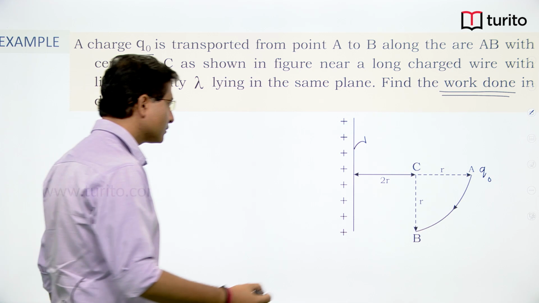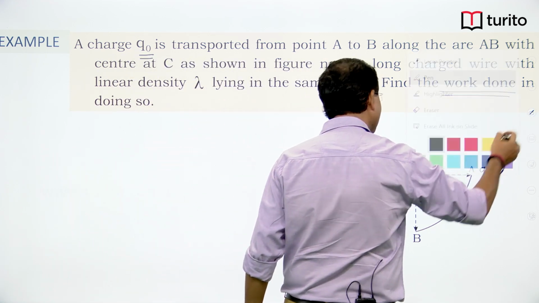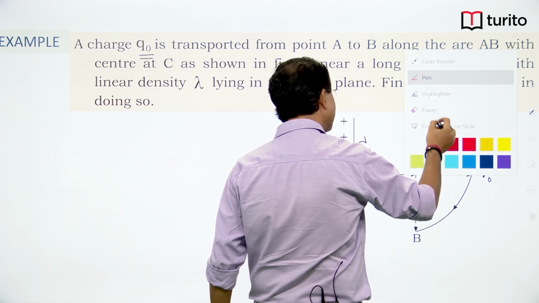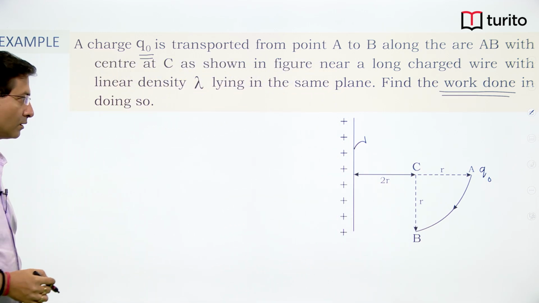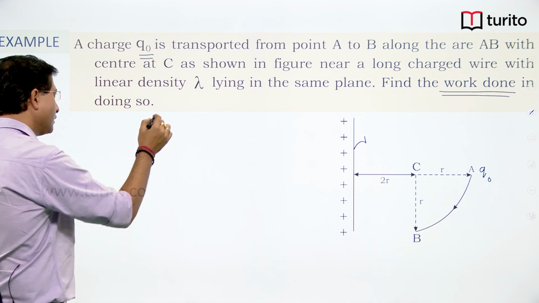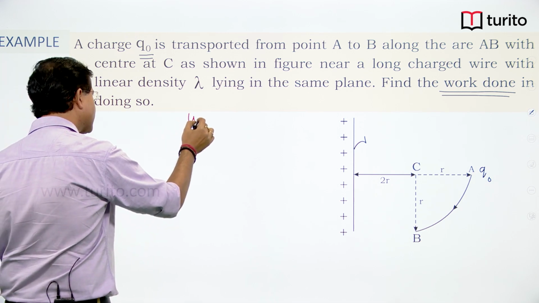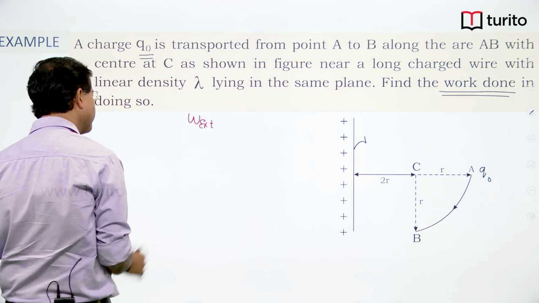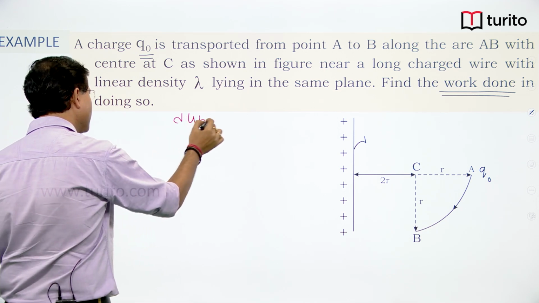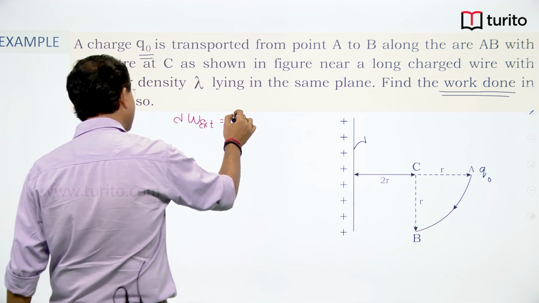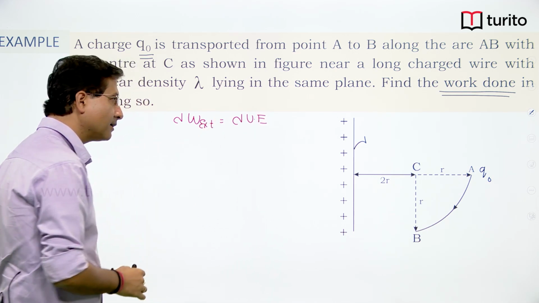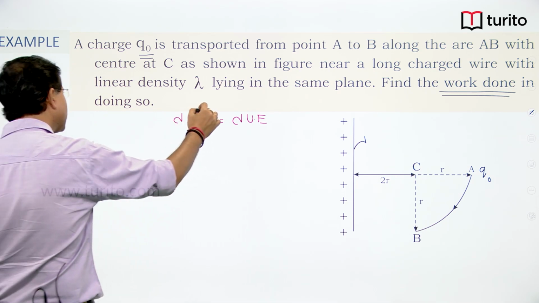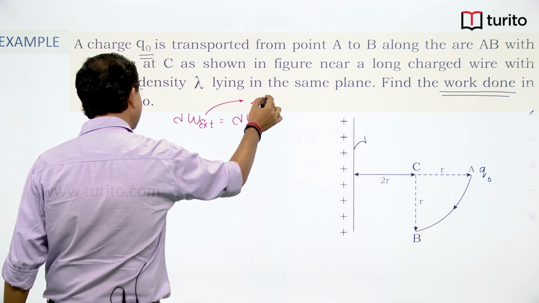So, we can use the basic definition: work done by the external agent changes the potential energy of the system, provided this is being done without any change in kinetic energy, right.